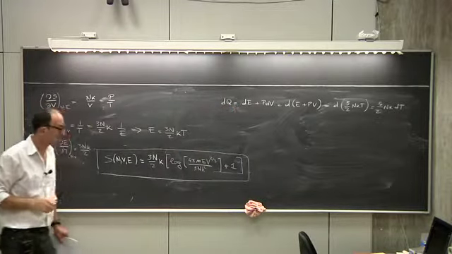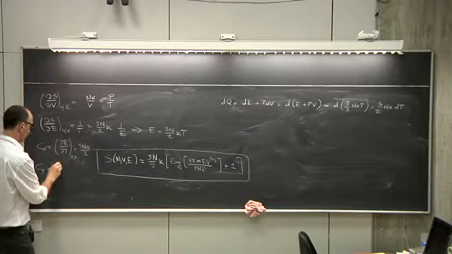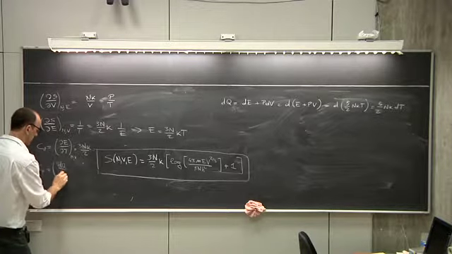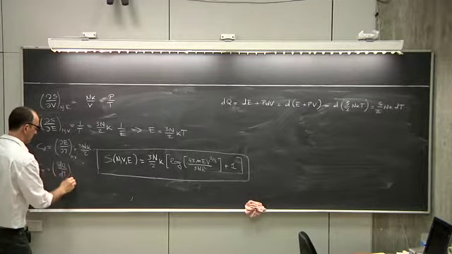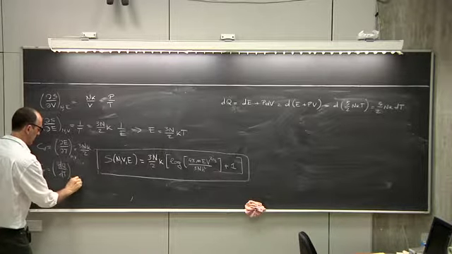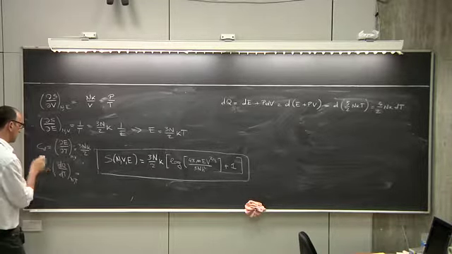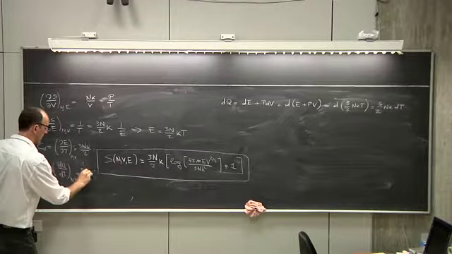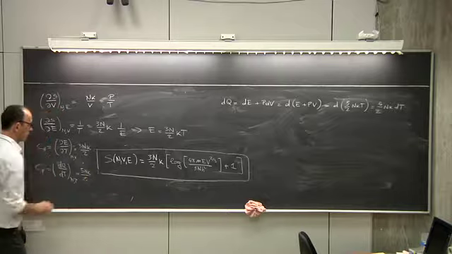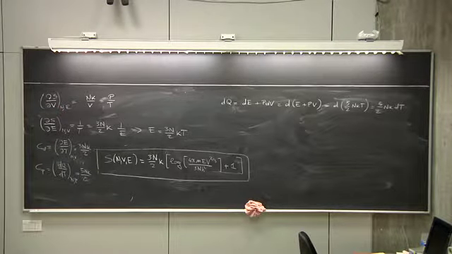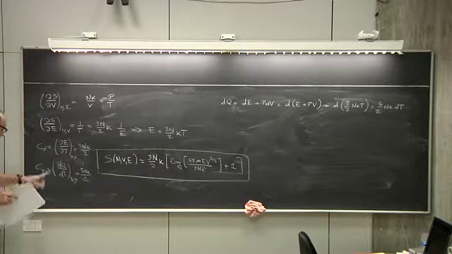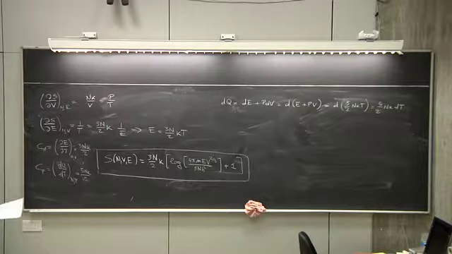So the specific heat at constant pressure is 5Nk over 2, from which you recover the fact that the ratio between these two is 5/3.